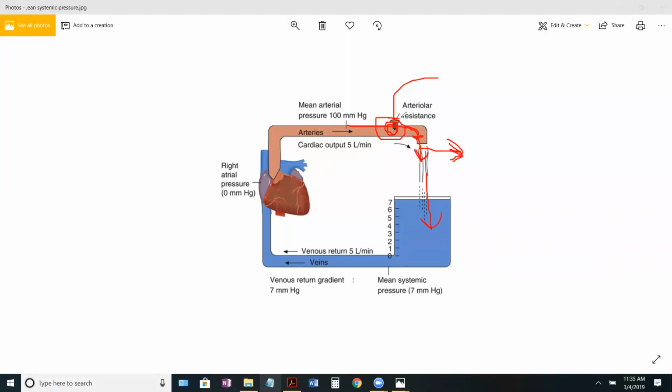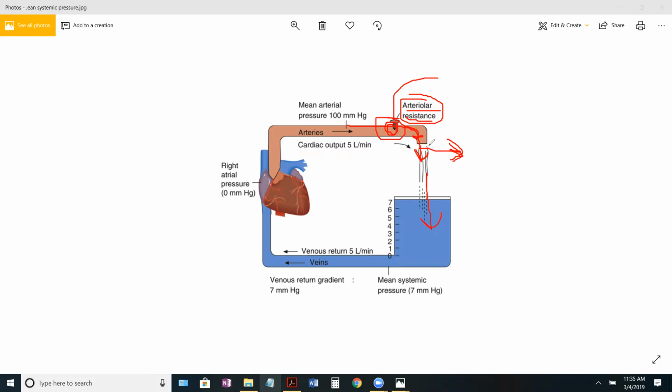That's the importance of having very high resistance at the level of arterioles, so that blood slows down to such an extent that it is very easy for the tissues to take out something or give out something.